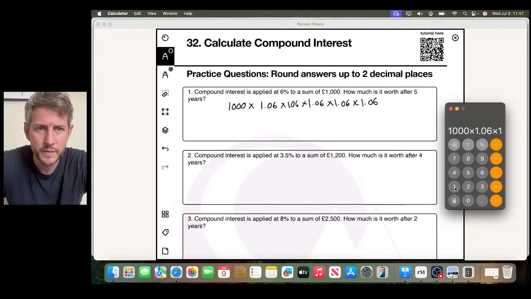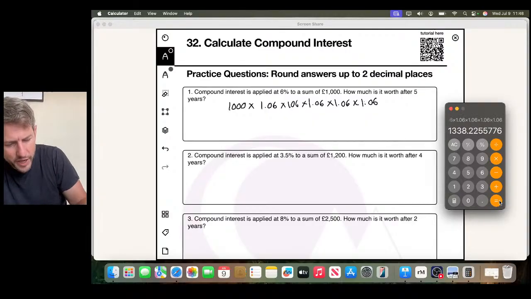That's increasing it by 6% once, twice, 3 times, 4 times, 5 times. And round answers to 2 decimal places.